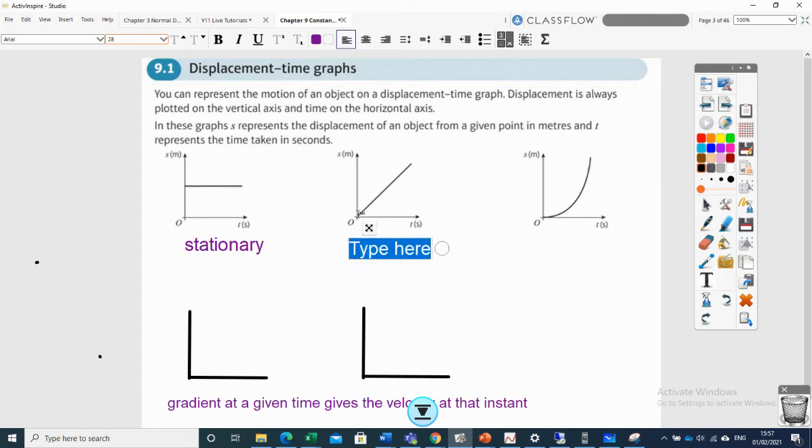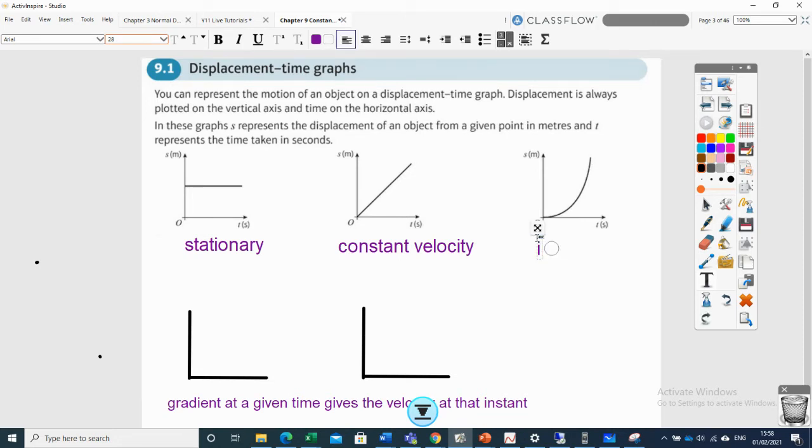In this second graph, we can see the displacement is increasing over time, and because it's a straight line, it's increasing at a constant rate. So we call this constant velocity. Whereas in this third graph, you see it's a curved line. To start off with, it's quite a shallow line, so it's increasing at a slow rate, and then by the end, the displacement is increasing at a very fast rate.